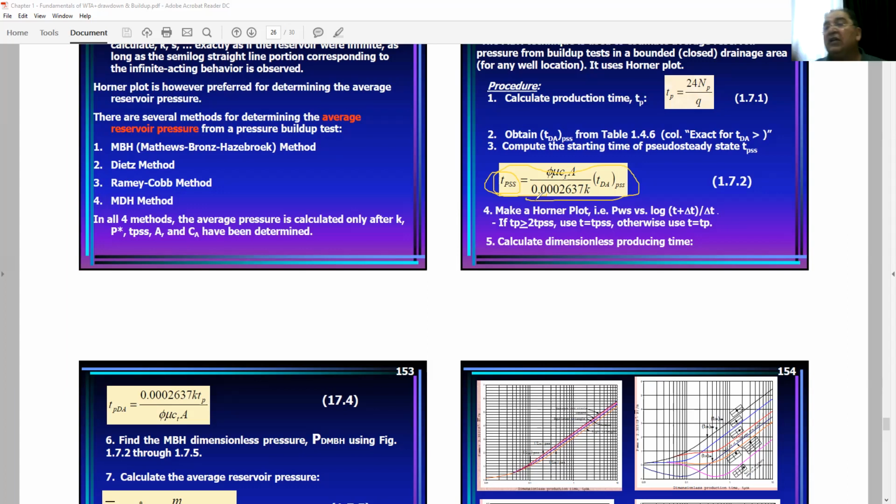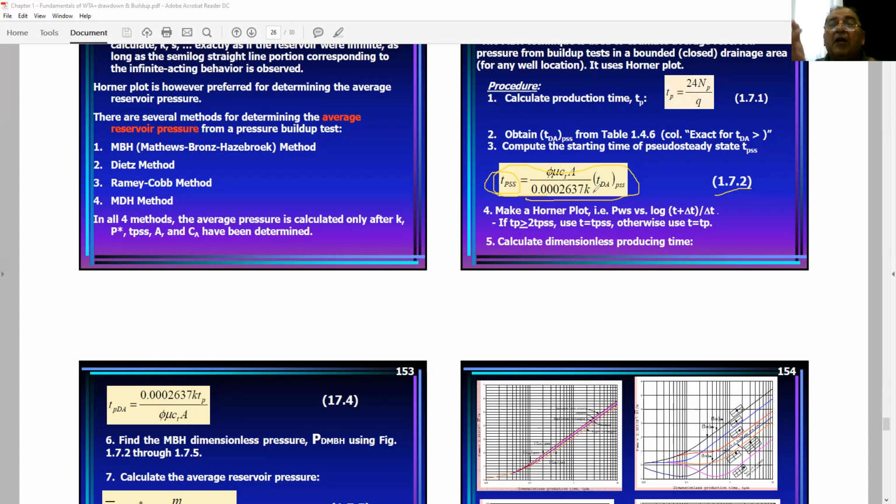Let me stop at this point and repeat myself. You're going to calculate TPSS from equation 172, and for TPSS you need TDA taken from table 146. And of course, you have the value of TP, the production time, the one used for the Horner plot.